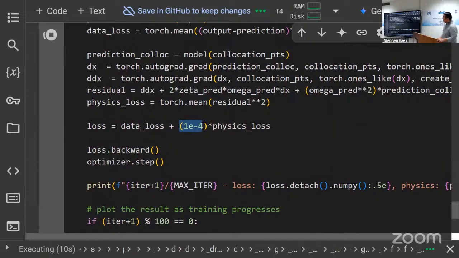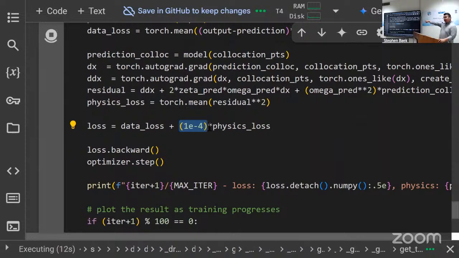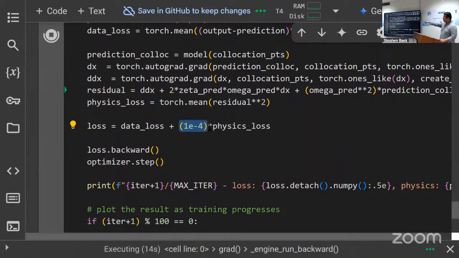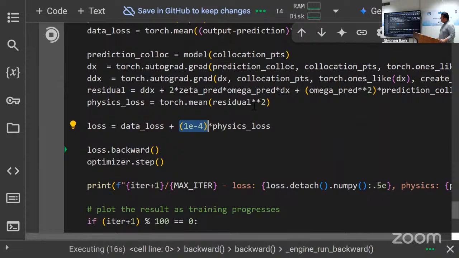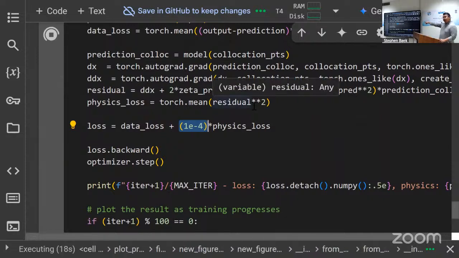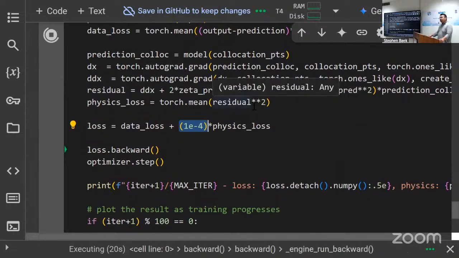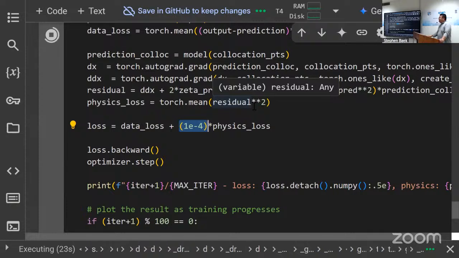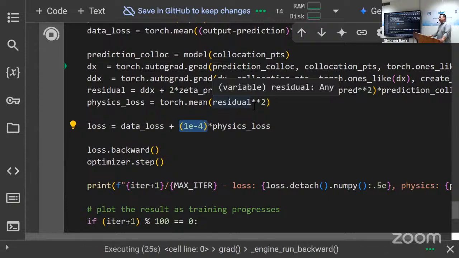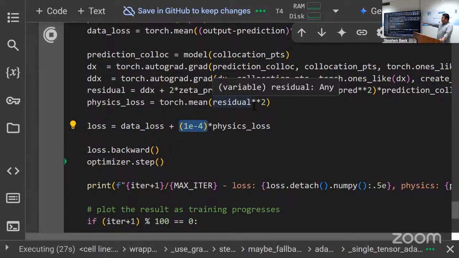This one over here, we have a very small number multiplied, a very small contribution, because if you have a larger contribution of physics laws, it's not going to converge well.